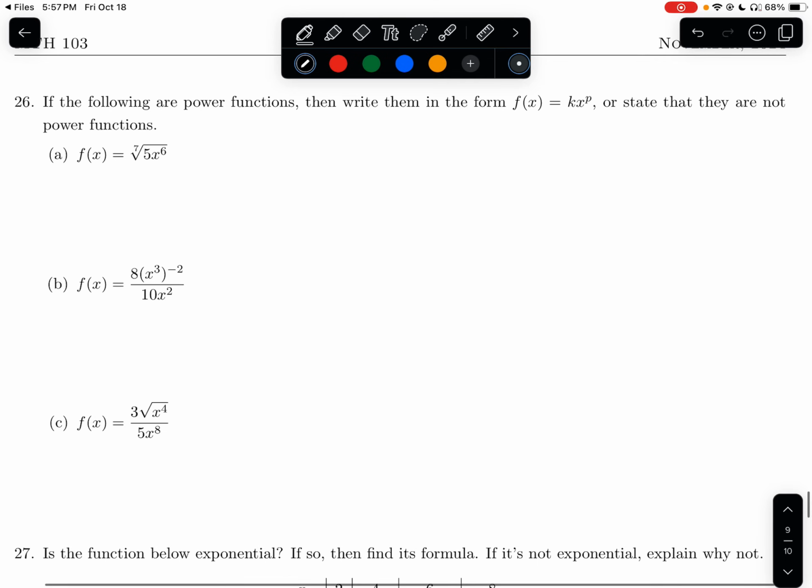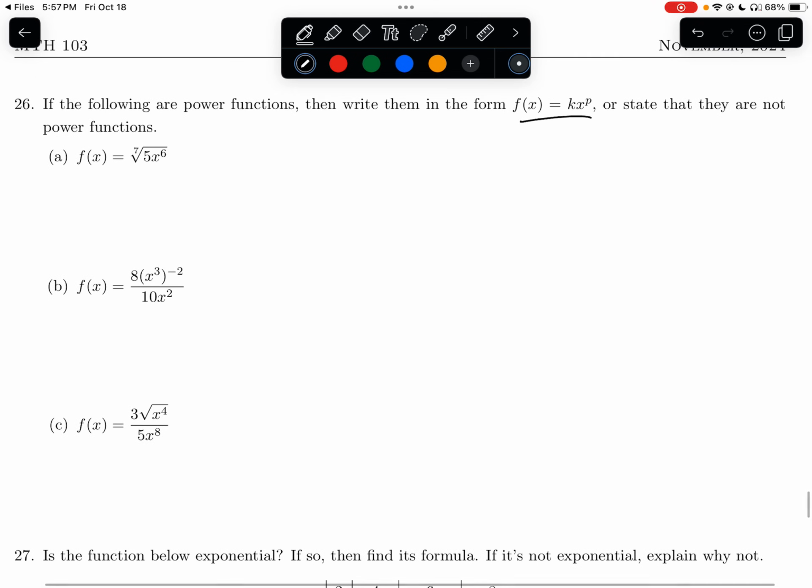Okay, if these are power functions, write them in the standard form. So again, these should be negative coefficients. That's fine. So for the first one, this is the 7th root of 5 times the 7th root of x to the 6th. That's maybe the only way you could have gotten here, but it will work.